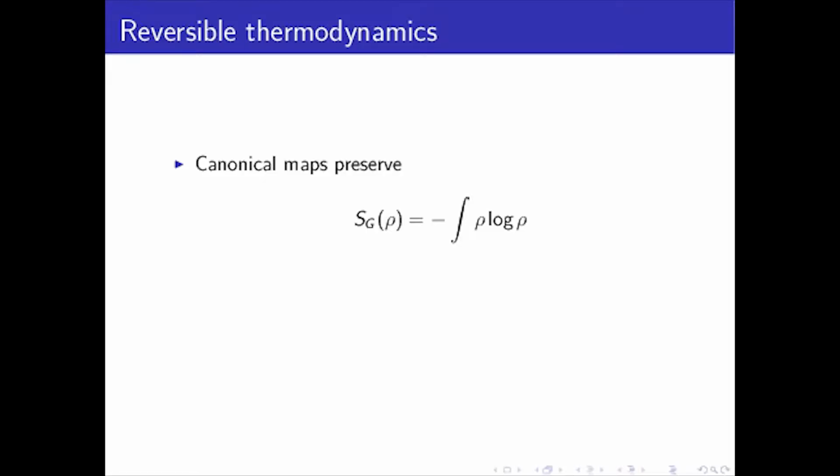So you can carry out absolutely any symplectomorphism you like. You have enormously fine-grained control of the physical system. So what can we say in that situation? Well, canonical maps preserve the Gibbs entropy. That's an easy mathematical result. You don't need to think that the Gibbs entropy has got anything to do with capital E entropy to know that that's just straightforwardly mathematically true.